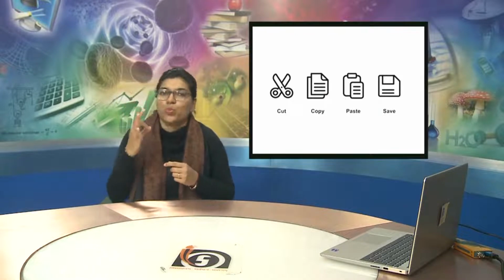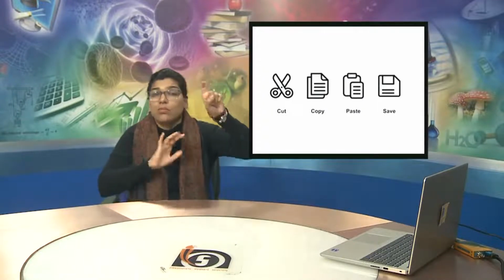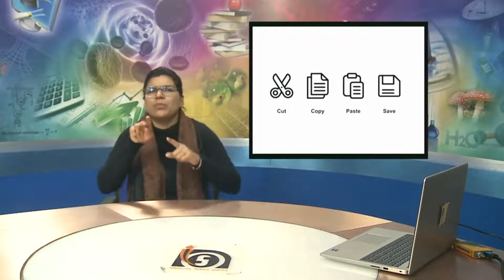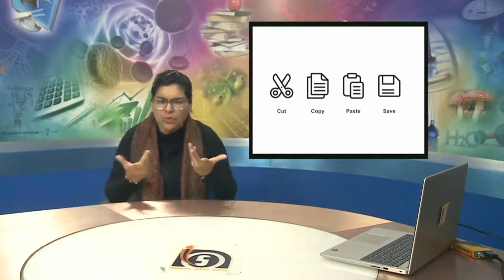Cut, copy, paste and save. These are the important tools in a computer. How you can use these features from the keyboard? What is the meaning of cut? Cut means cutting down of paper.